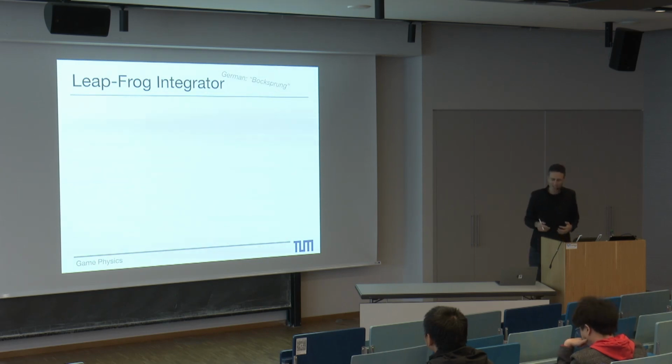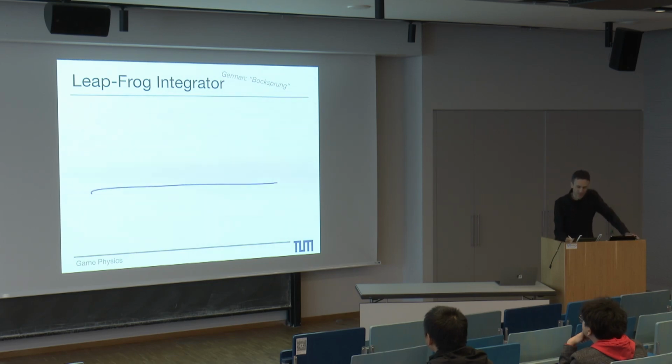All this kind of hammering on the current time step is for a good reason. There's one really popular and also very nice recommended integrator, the so-called leapfrog integrator, from Bocksprung. So the idea is here that imagine our timeline. We have a state at time t, right? We want to get to t plus h.